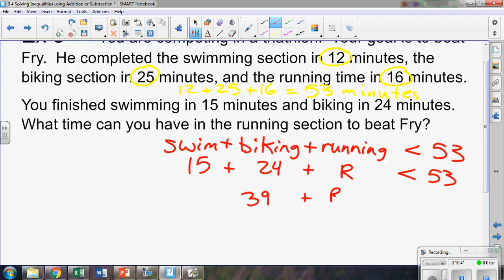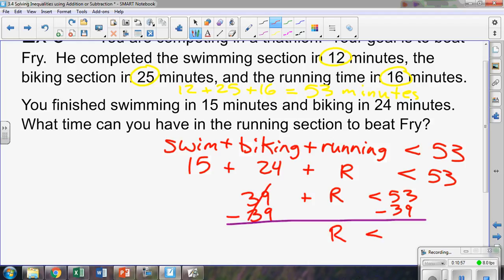So with 39 minutes to go, how much time do you actually have available to do the running section? Well, we'll solve it by subtracting off 39, getting r is less than 14.